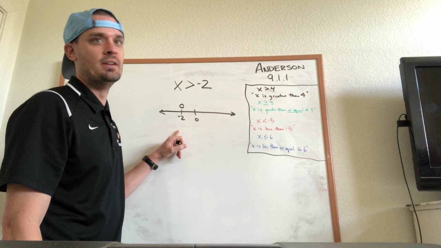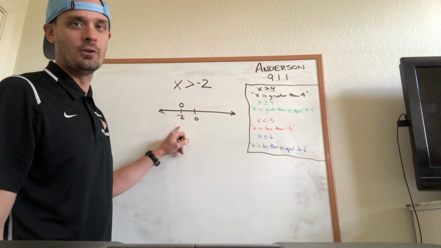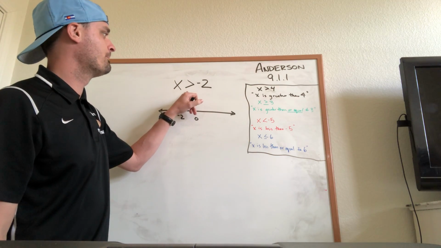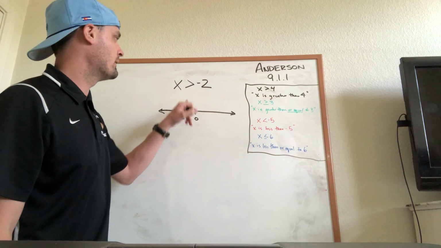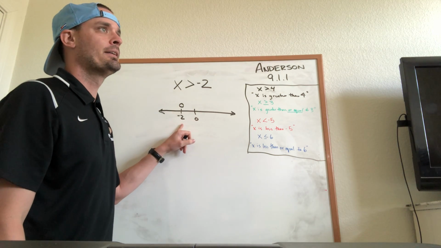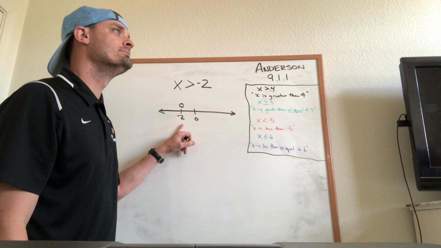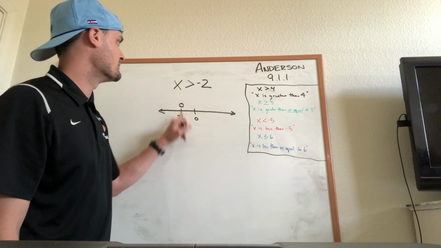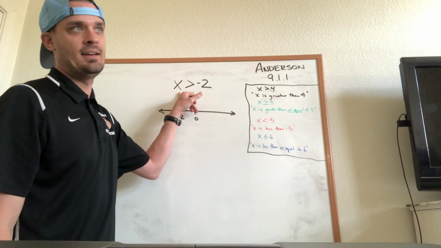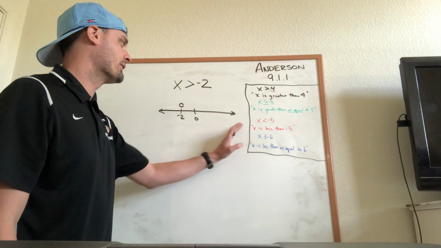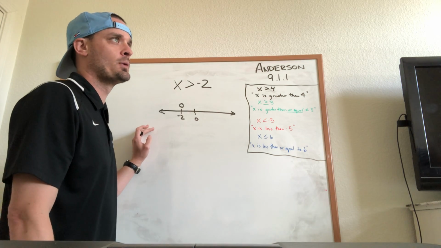We're going to have either an open circle or a closed circle. We'll talk about the closed circle in a second. But anytime we don't have a line underneath it, if we're not including the point, we want to have an open circle. So now we read the sentence, x is greater than -2. Well, where on the number line are the points greater than -2?